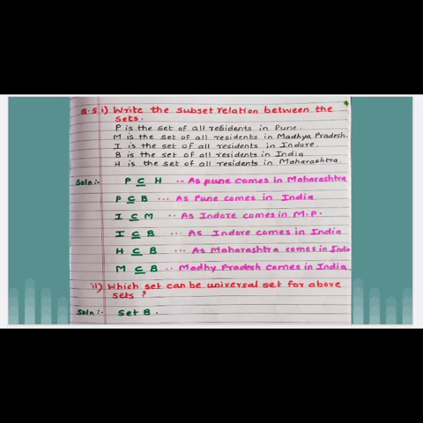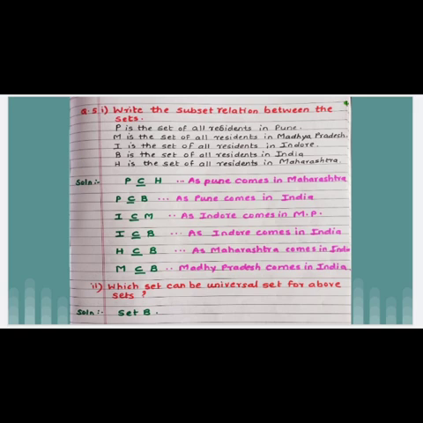So we write P is a subset of H because Pune comes in Maharashtra. So compared to Maharashtra, Pune is smaller. Hence P is a subset of H. Then P is a subset of B because Pune comes in India. So compared to India, Pune is smaller. It is a subset of India.